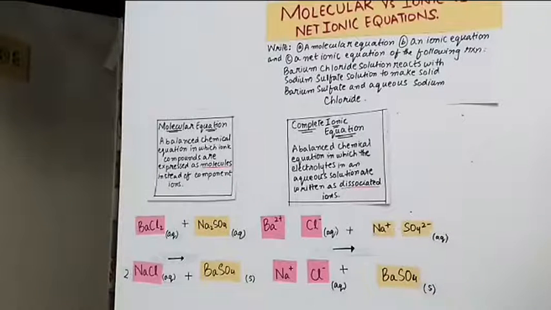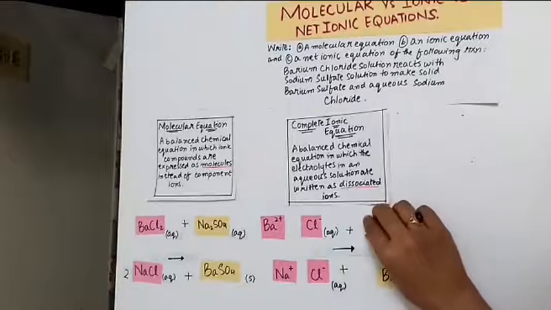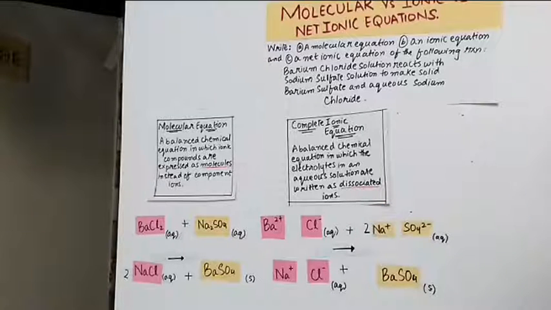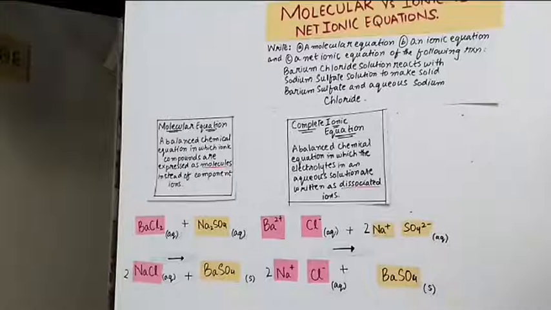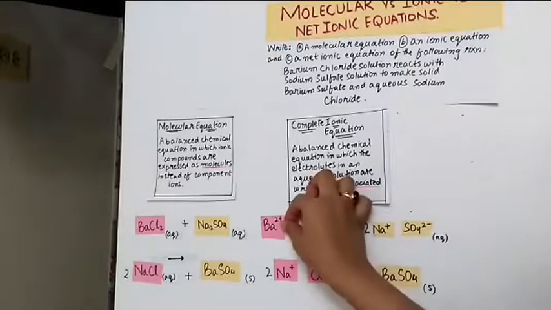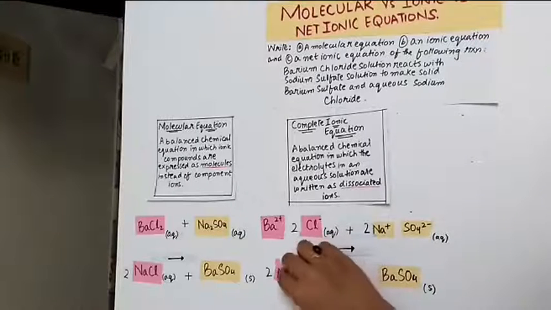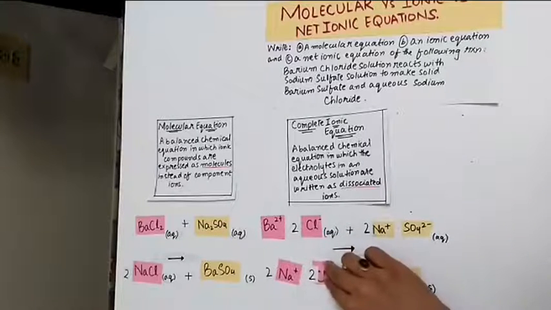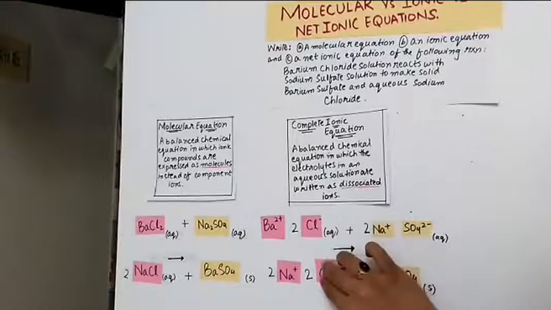Now, obviously, we balance the equation. We had 2 sodiums here, so we put a 2 here, 2 sodium ions. Similarly, 2 sodium here, 2 chlorides here, and 2 chlorides on the product side.